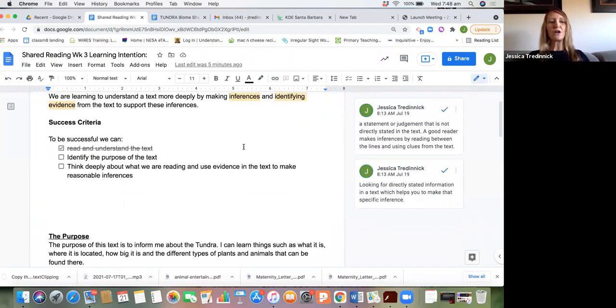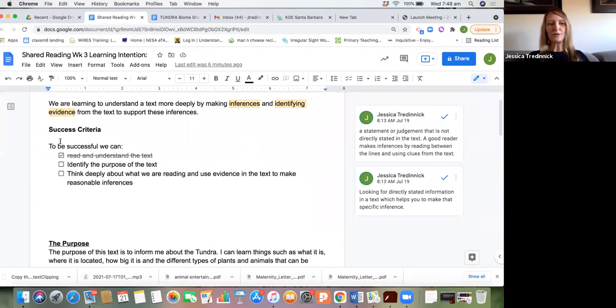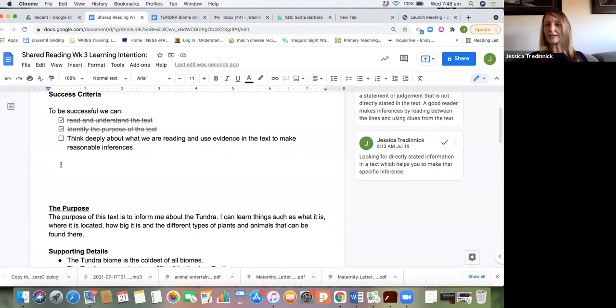Okay, so to be successful, we've read and understood the text. Yesterday, we looked at identifying the purpose of the text. This is really important, because if we know the purpose, we know why it was written, we can then know how we're supposed to feel about it and what we can do with that text. So we know that this text is to inform us about the tundra. So then I can learn things from it.